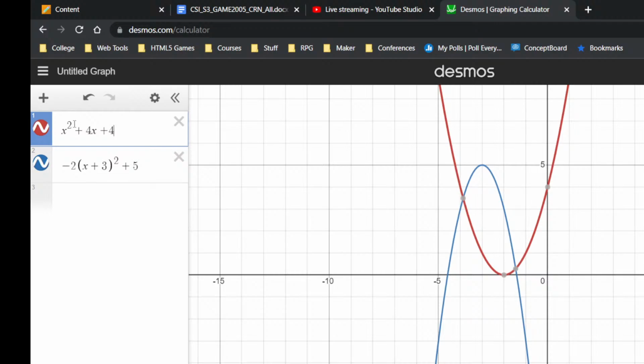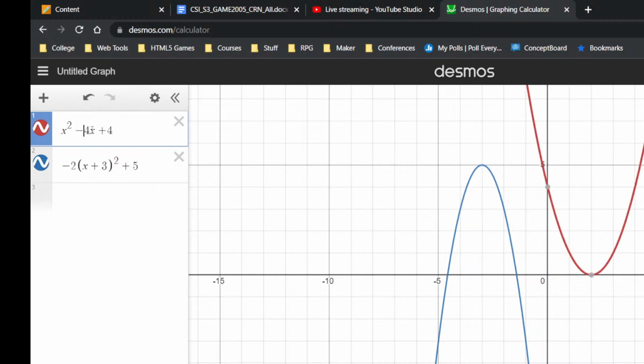What happens to this equation again? What does this do? So we know that the 4 does this. What does this do? Go ahead, you were just saying left and right. Okay, so if I do a negative 4 here, instead of a positive 4, then a negative 4 seems to move it to the right, right?